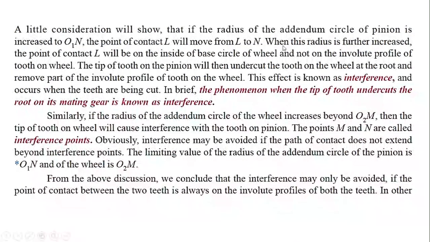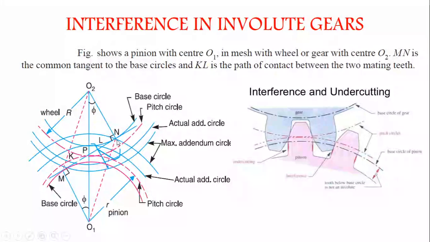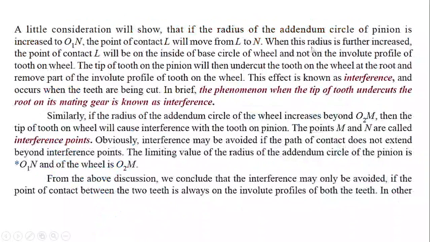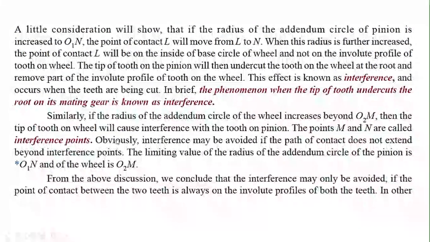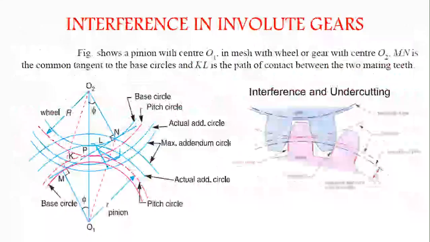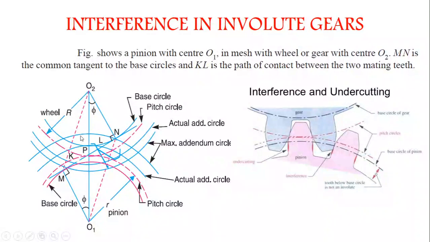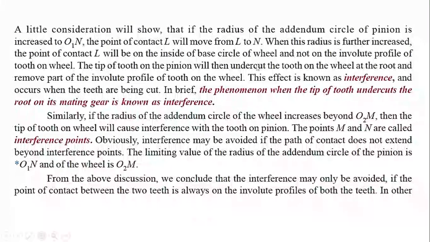When this radius O1N is further increased, the point of contact L will be inside the base circle of the wheel, and not on the involute profile of the teeth on the wheel.